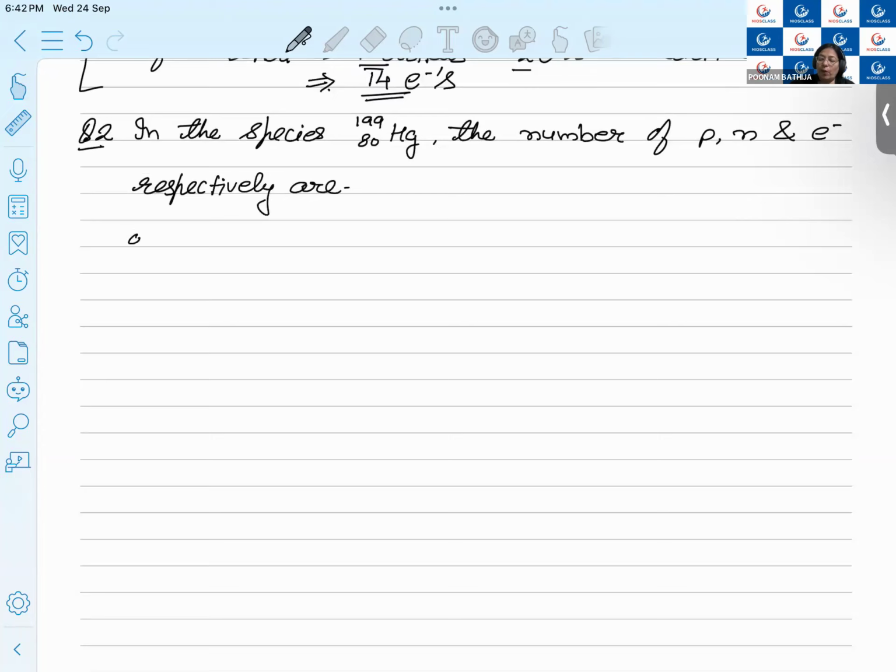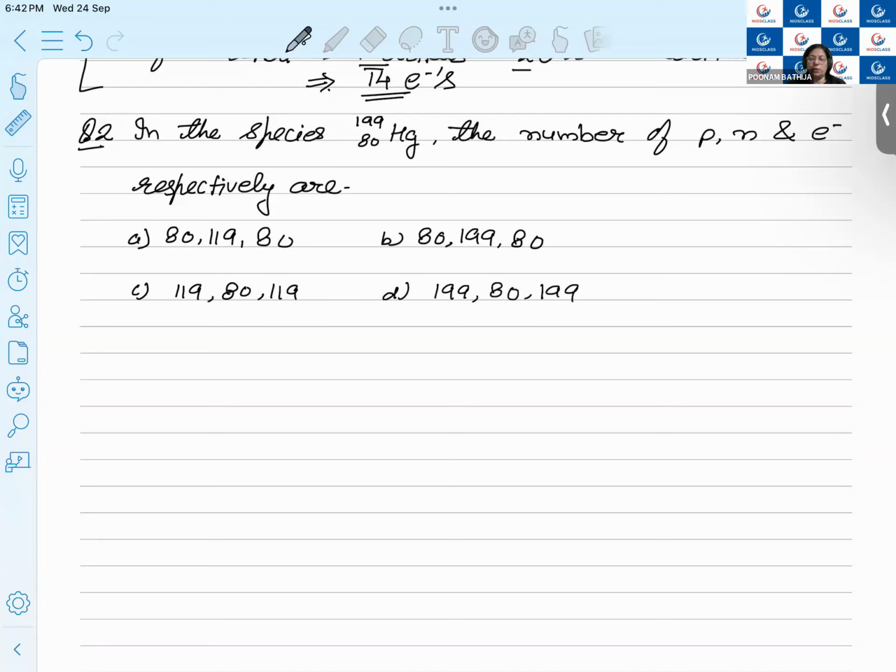Look, simplest type of question this is. The options are: A, 80, 119, 80; B, 80, 199, 80; C, 119, 80, 119; and D is 199, 80, 199. These are the 4 options for this.